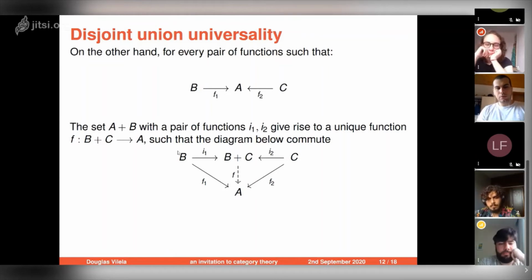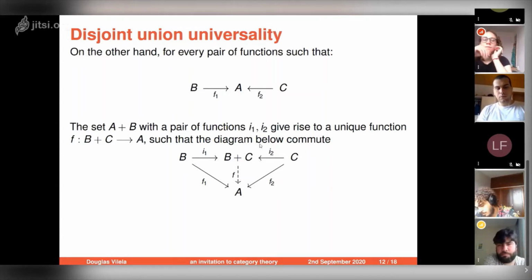An injection from B to B disjoint union with C that takes an element little b and goes to an element little b too. It's just putting it in, and the same way with C, the injection that goes from C to B disjoint union with C.